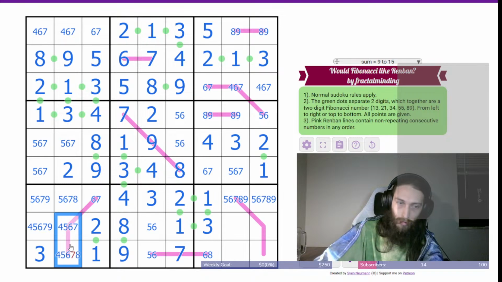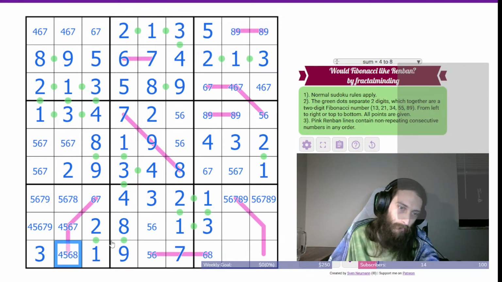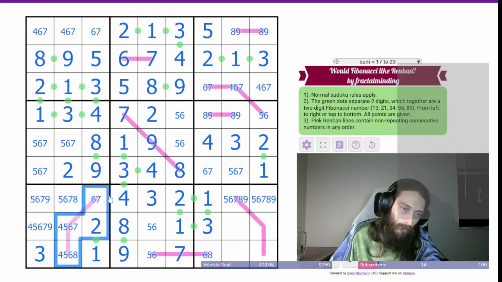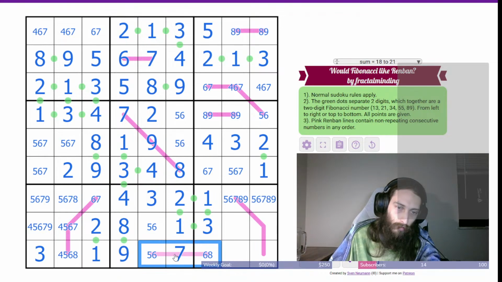8, 9. This one's not a 7. 4, 5, and 6 is a possibility. We know we have 6 on here.